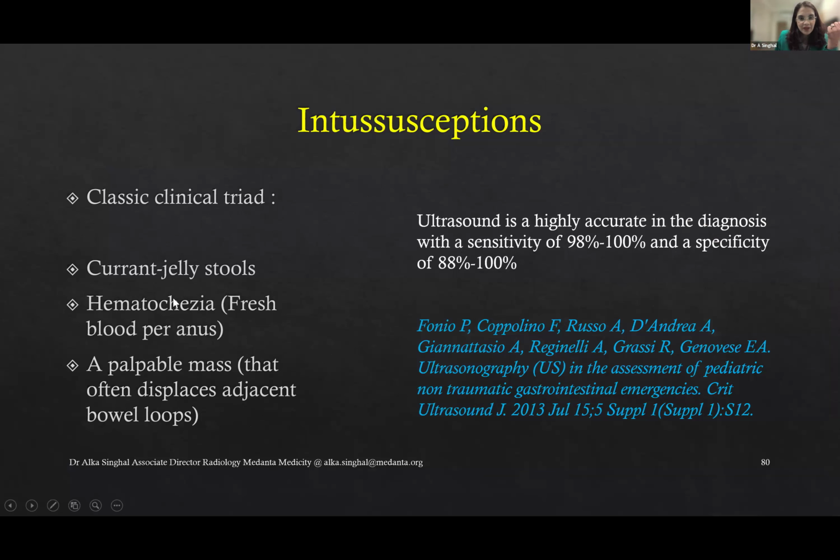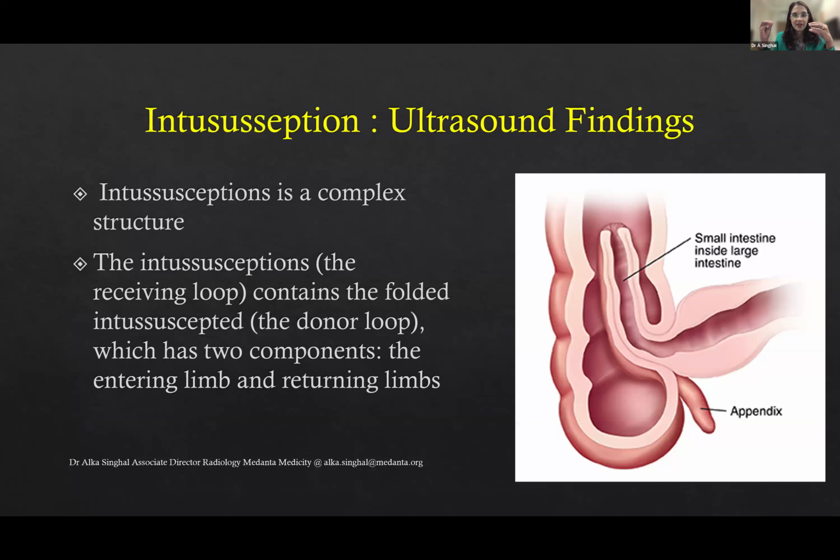So the classical symptomatology is, of course, currant jelly stools, blood per rectum, and a palpable mass that can be felt. Ultrasound, of course, has a very, very high sensitivity and specificity. So, like I said, the intussuscipiens, the receiving loop, contains the intussusceptum, the donor loop, which has two components, the entering limb and the returning limb.